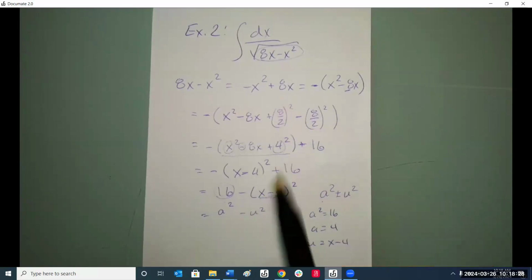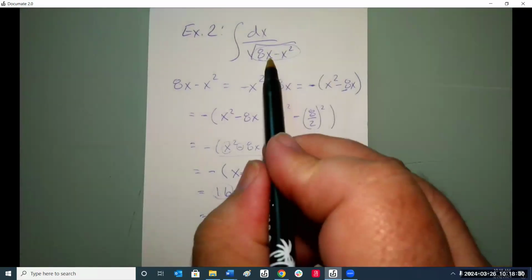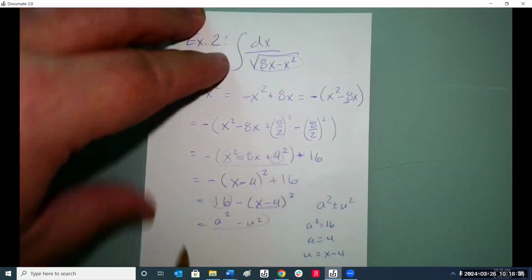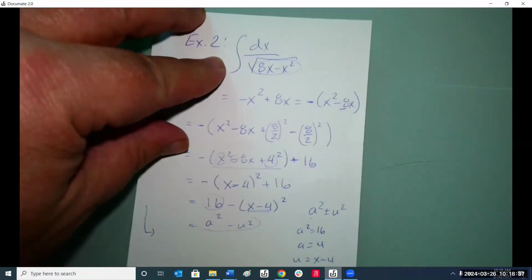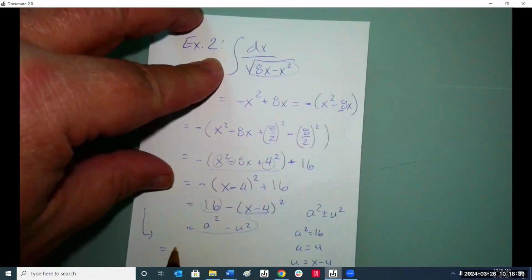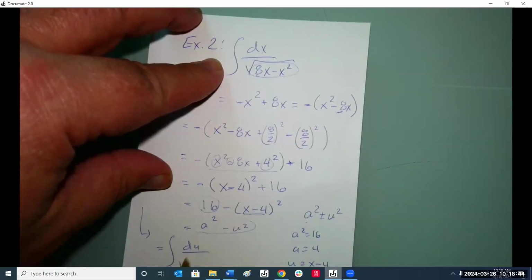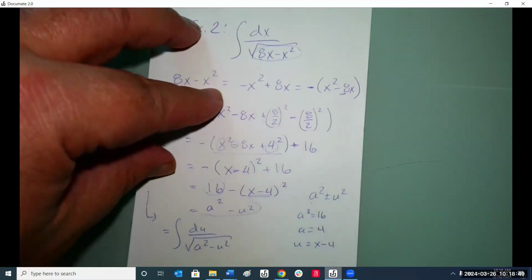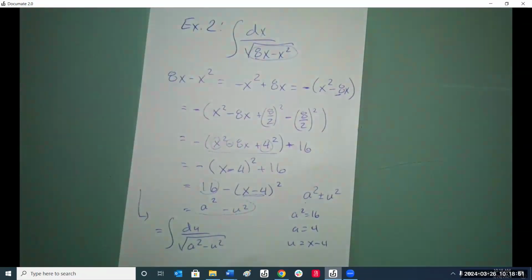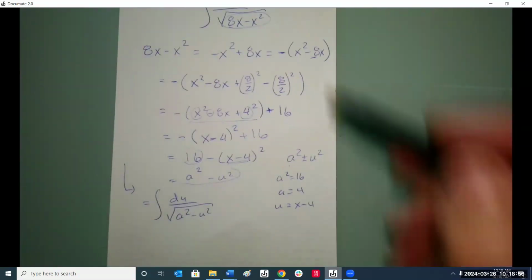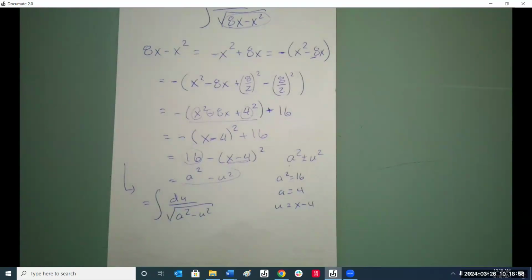So all of this goes inside there. We have the integral of du over the square root of a squared minus u squared. Remember, all we're doing here is completing the square, because we have to get it into this form.